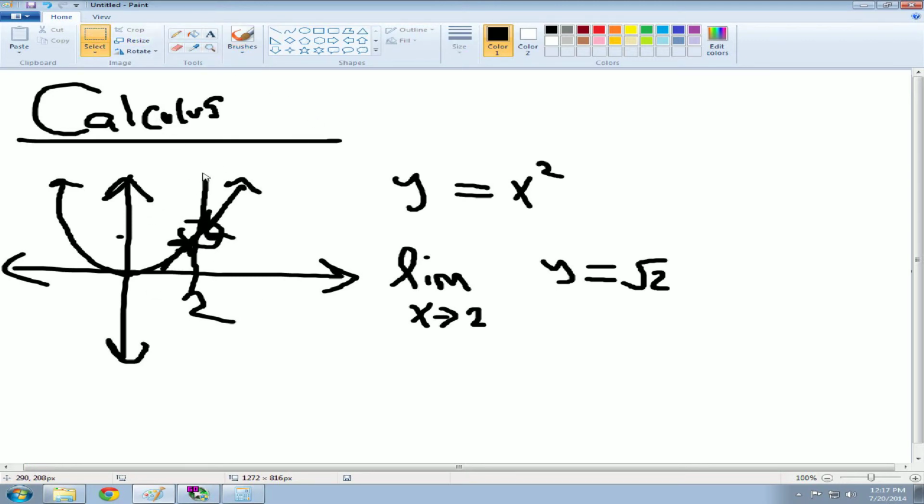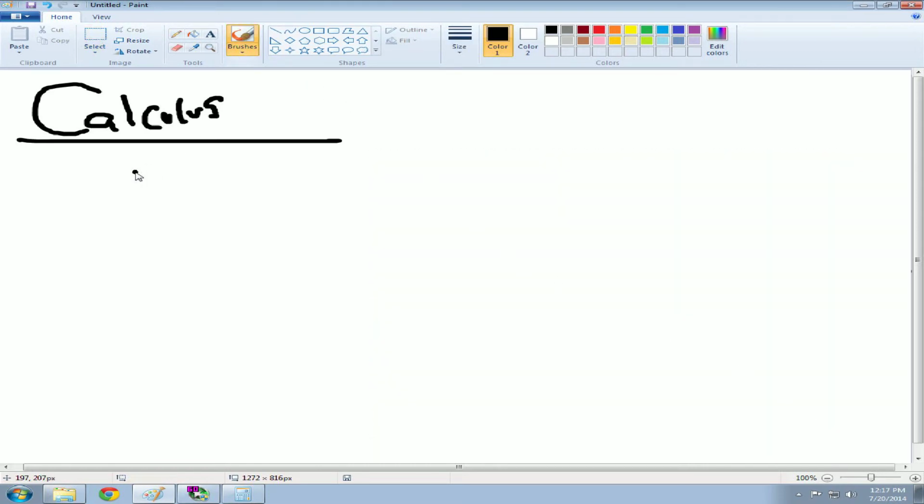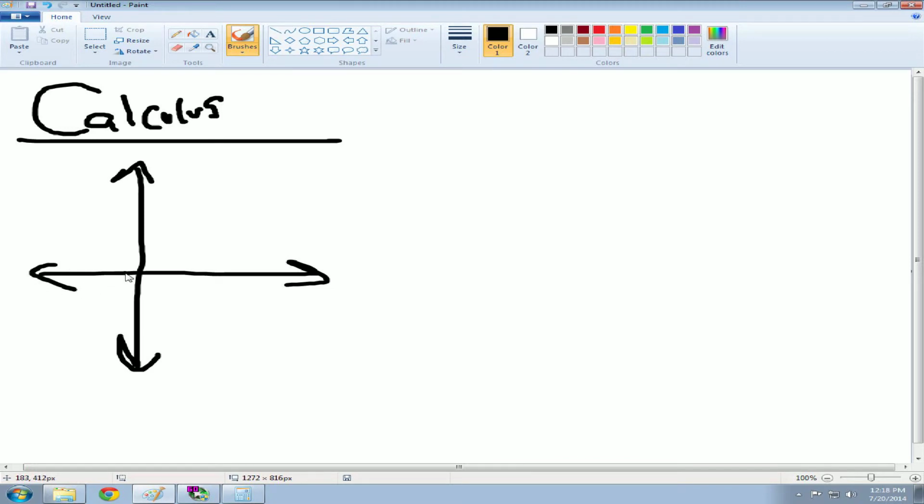Now, what if that didn't exist? For example, what if you have the same graph, but instead at 2 we have a hole.